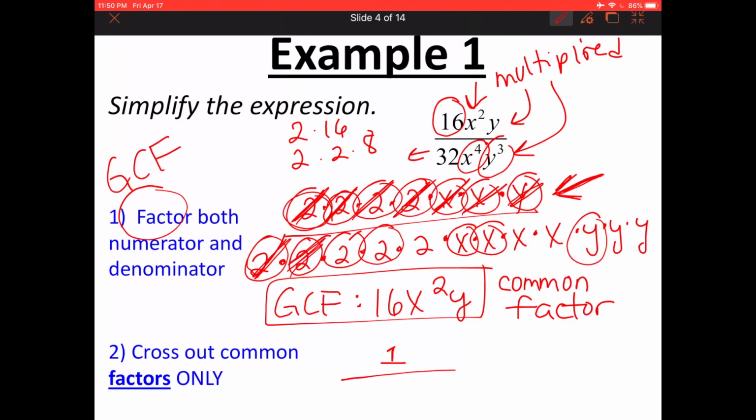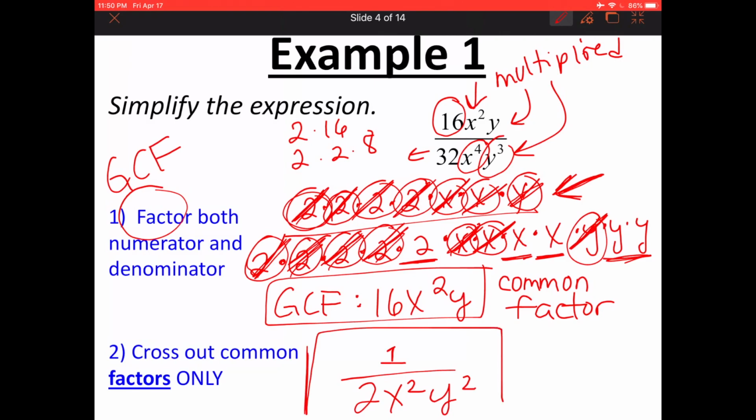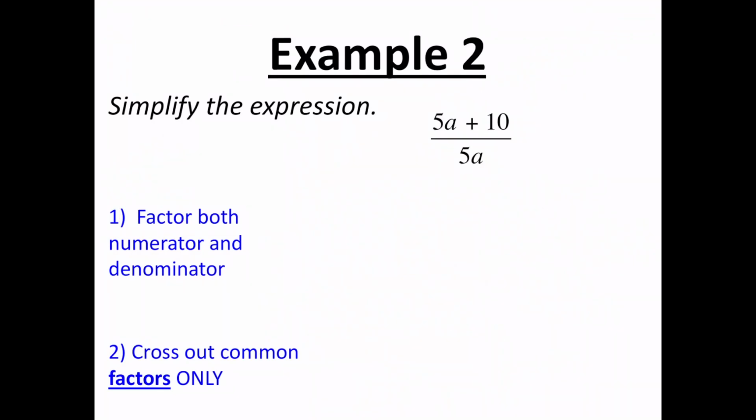In the denominator, let me cross out my common factors, and let's see what I'm left with. 2, x times x, which is x squared, y times y, which is y squared. So my final answer down here, guys, simplifying the expression, would be 1 over 2x squared y squared. Okay? So see, now it's going to get a little bit more difficult because you have to factor on your own. All right? Let's look at our next example.